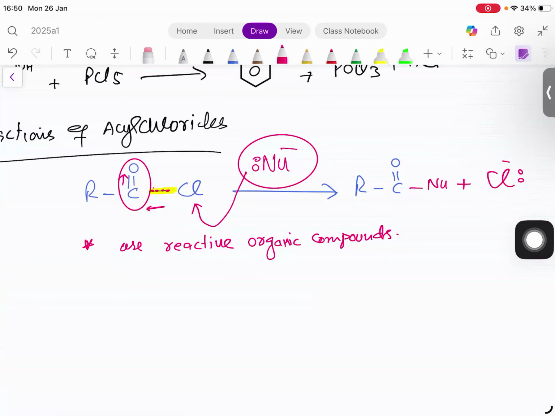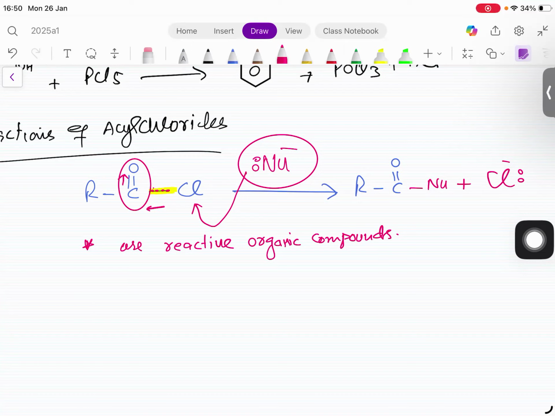In acyl chlorides, the very strong electronegativity of oxygen makes C=O act as an electron withdrawing group, pulling the electron density towards itself, making the C-Cl bond weaker. Hence, all the reactions of acyl chlorides undergo the substitution of Cl.